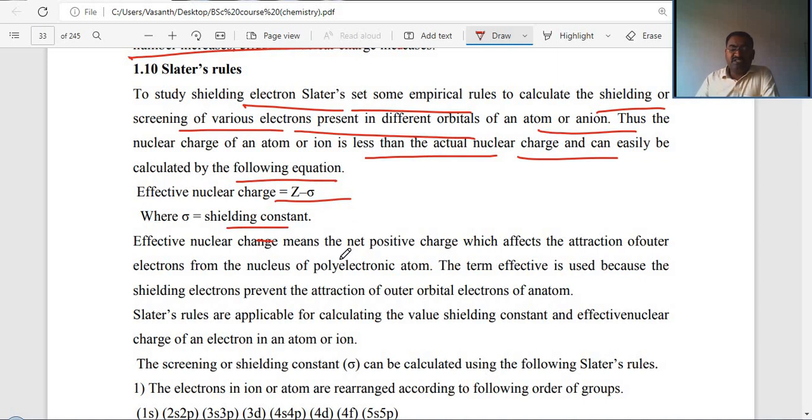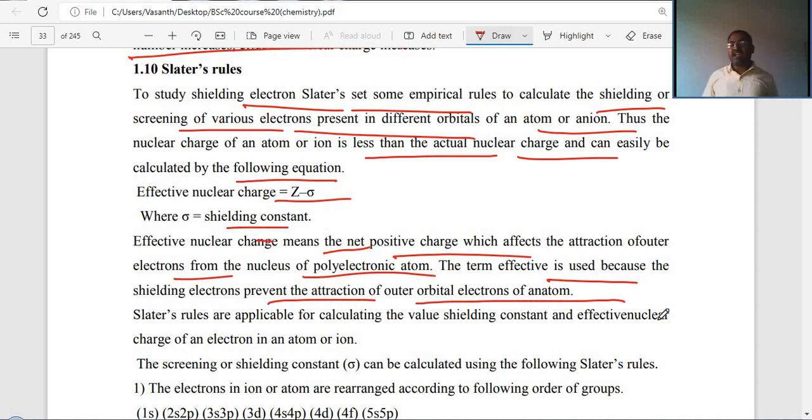The effective nuclear charge means the net positive charge which affects the attraction of the outer electron from the nucleus of a polyelectronic atom. The term effective is used because those shielding electrons prevent the attraction of the outer orbital electrons of an atom.